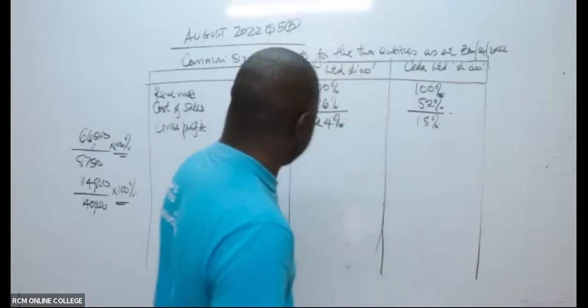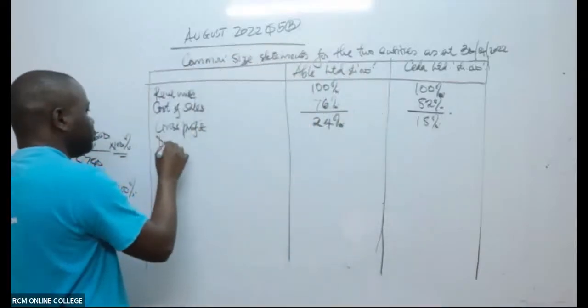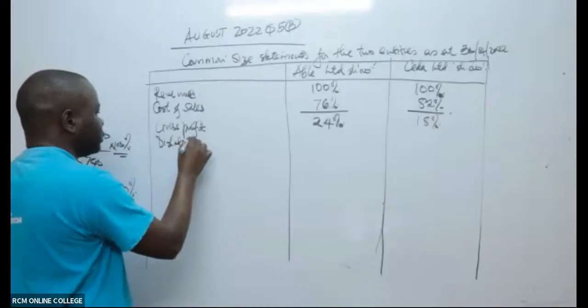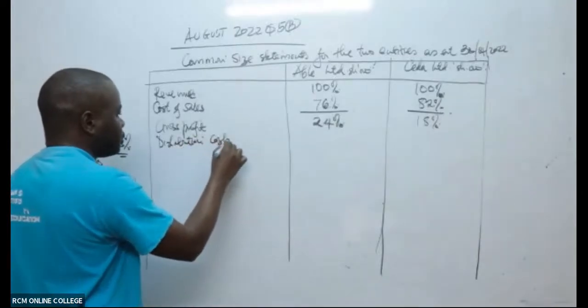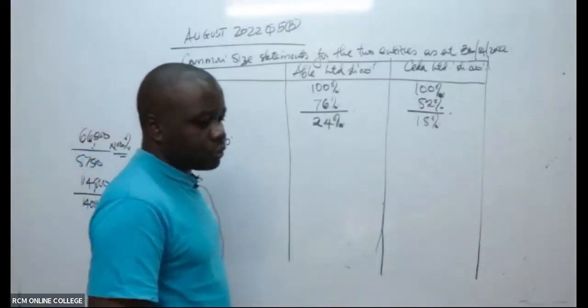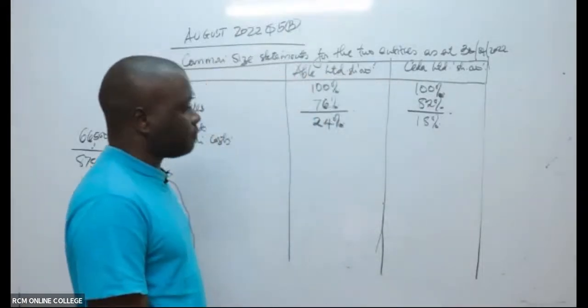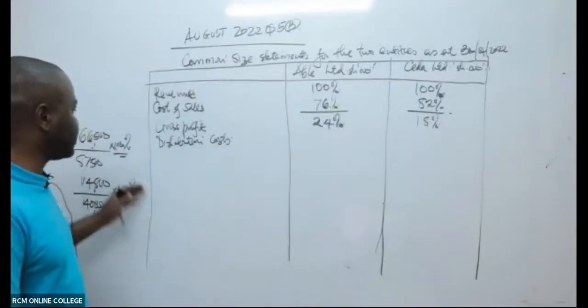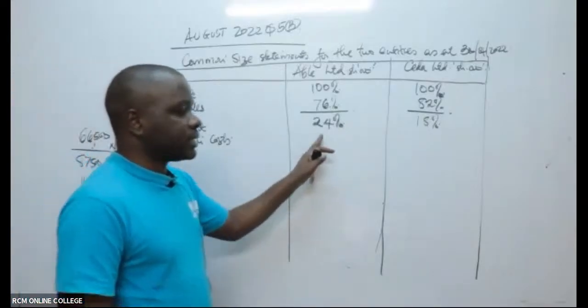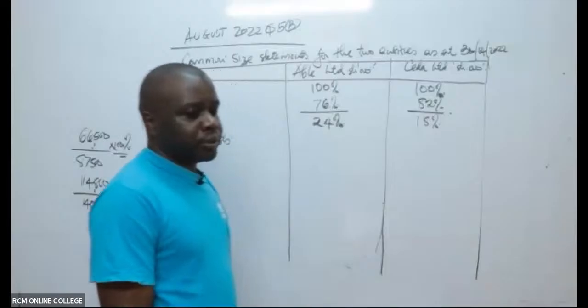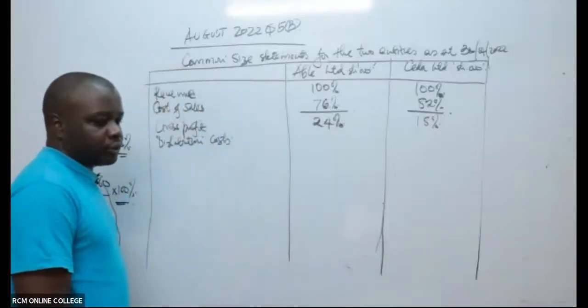If we compute now the distribution costs, you take 1495 over 87,500 multiplied by 100. It is just the same procedure. So what are you getting as the percentage?